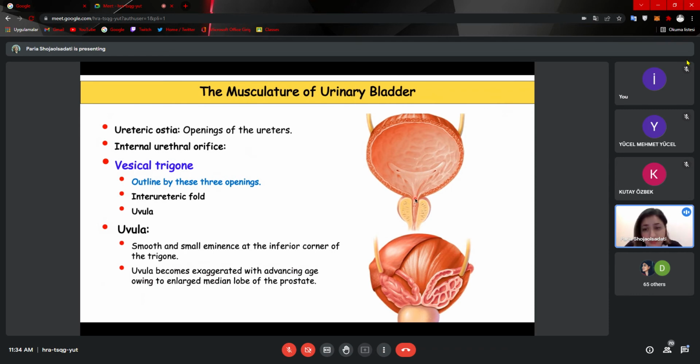You can see a smooth area between the internal opening of the urethra and the two ureteric openings. This trigone is named the vesical trigone, outlined by these three openings, and the interureteric fold is seen here. You can see the elevation on this side, which is famous as the uvula.